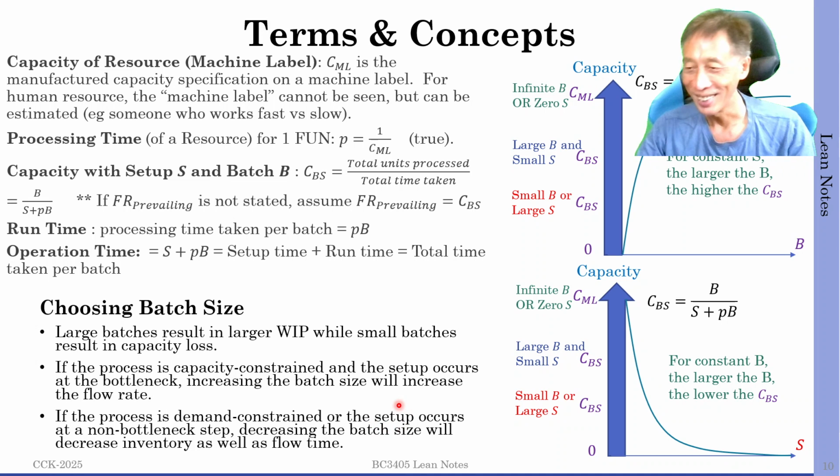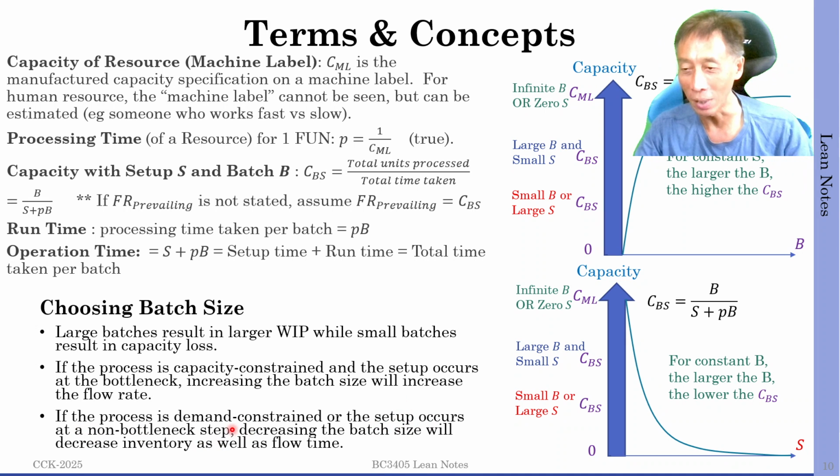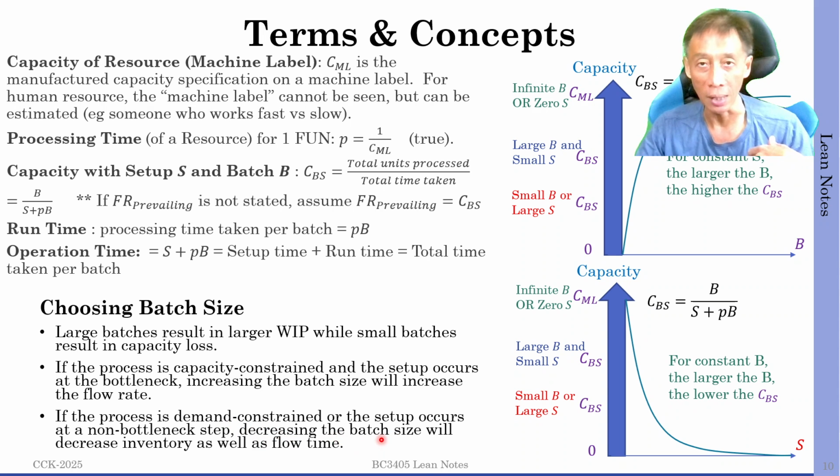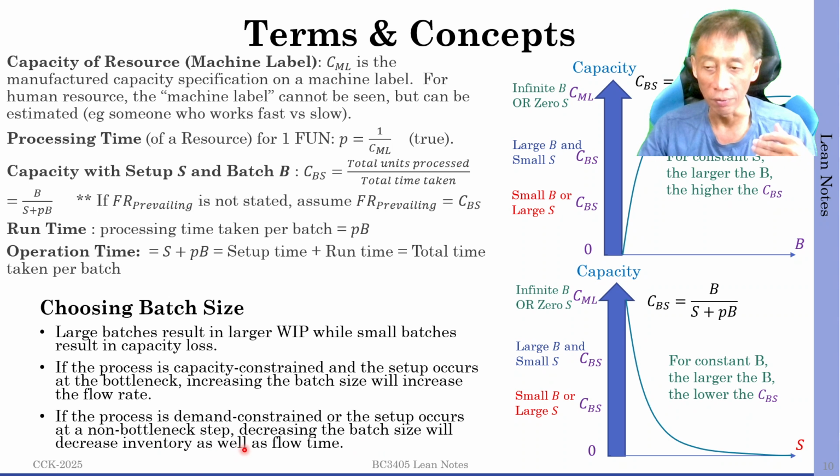Or, okay, the setup occurs at a non-bottleneck. So let's look at it one at a time. Demand constraint, we can produce, nobody wants. Then decreasing the batch size will decrease the inventory as well as flow time, as well as our production. So our output will reduce, and supply that initially was oversupplying, nobody wants, right?